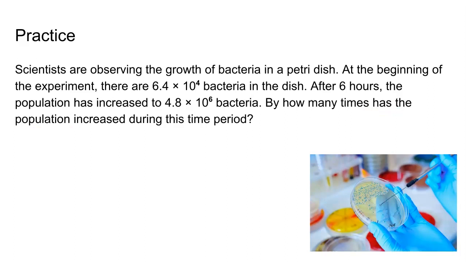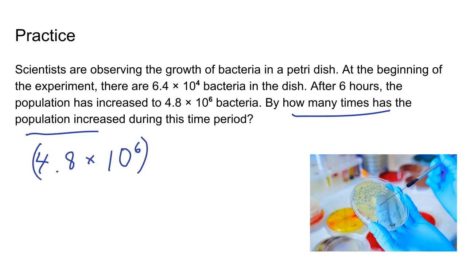In this case, you need to find out by how many times has the population increased, which means you need to divide. You need to divide the ending value by the starting value. So the ending value was 4.8 times 10 to the 6th divided by the starting value, which was 6.4 times 10 to the 4th.